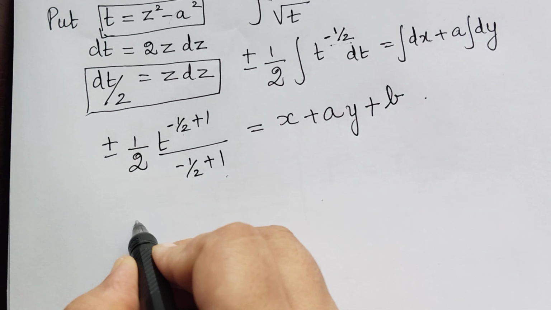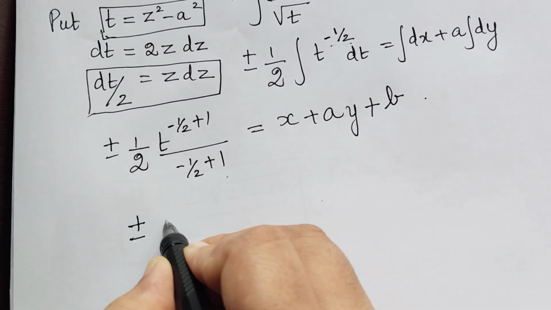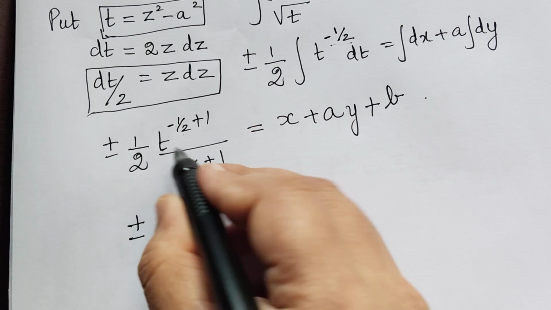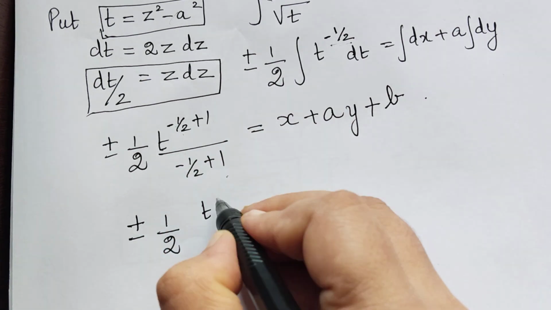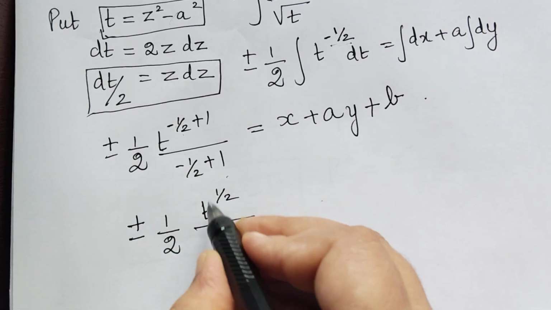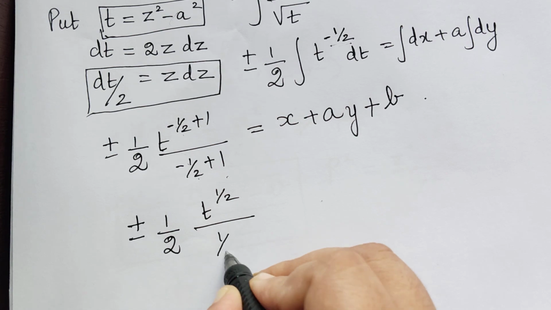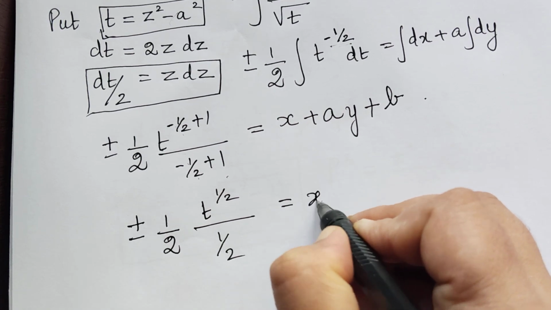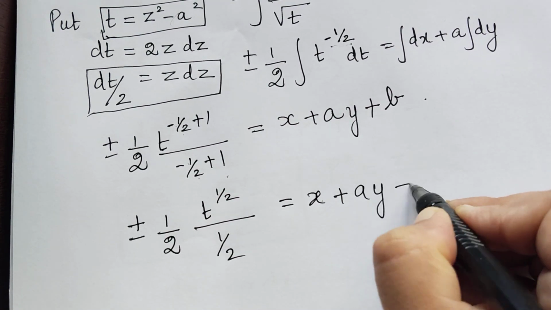And so further on simplification we have plus or minus 1 by 2, and here t to the power negative 1 by 2 plus 1 is 1 by 2, divided by again negative 1 by 2 plus 1 is 1 by 2, is equal to x plus ay plus b.